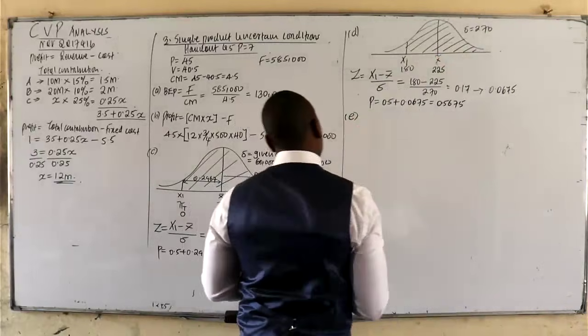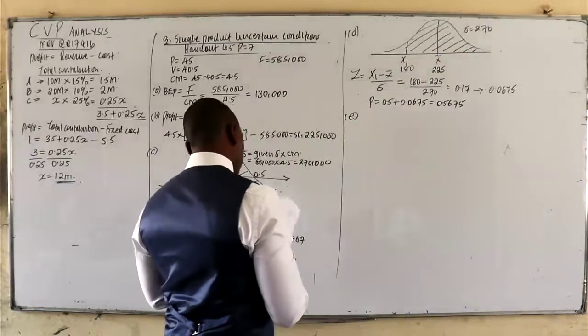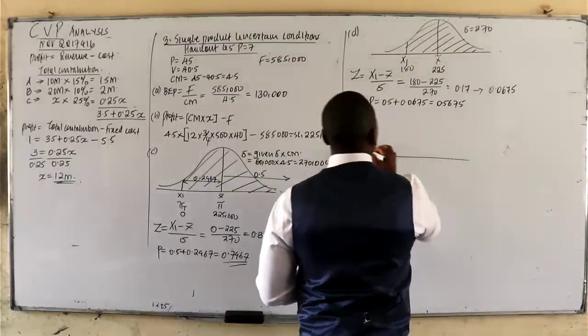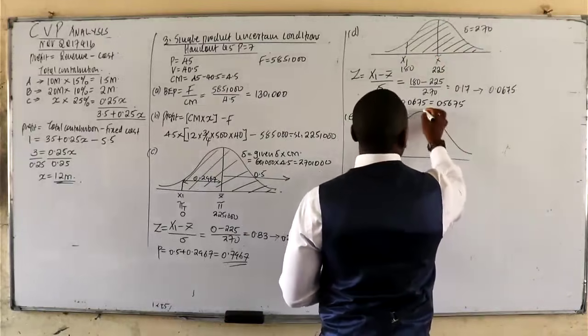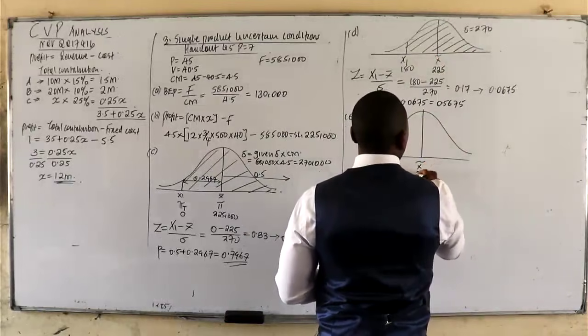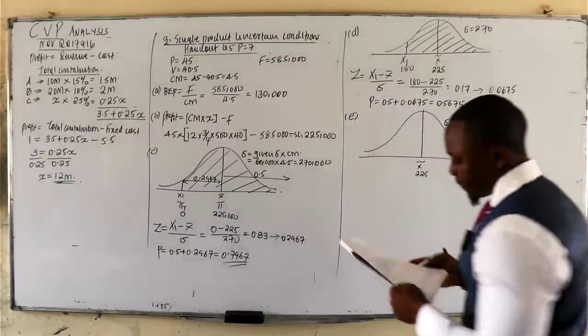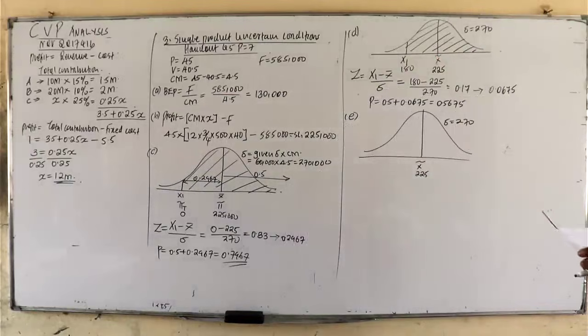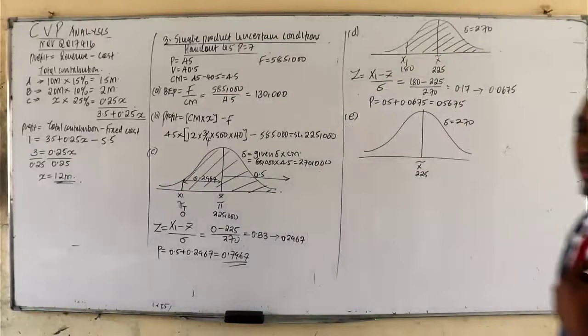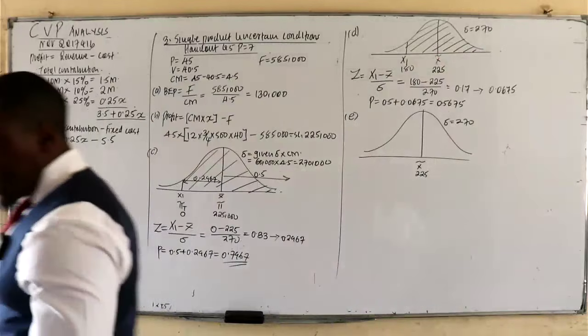Number E. Come up with a normal distribution again. This is 225, the standard deviation is 270. E: calculate the probability that the lorry will make a profit of at least 300.